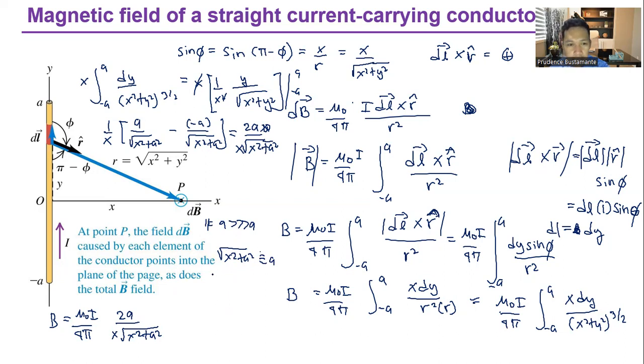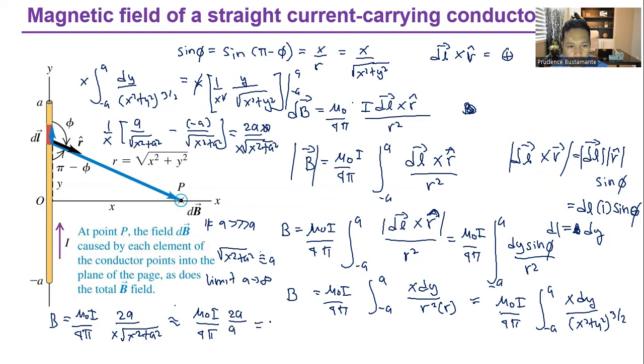Hence, in the limit as a approaches infinity, this becomes mu naught I over 4 pi times 2a over x times a.